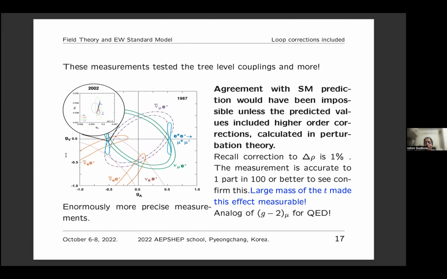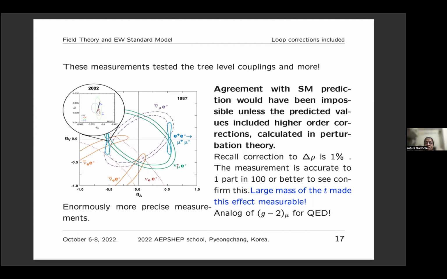Except this plot rotates GV and GA through 90 degrees, so it looks slightly different, but it is the same plot, believe me. This is nu mu bar going to e- ellipse, this is nu e bar going to e- ellipse, and the neutral current and charged current ellipses.